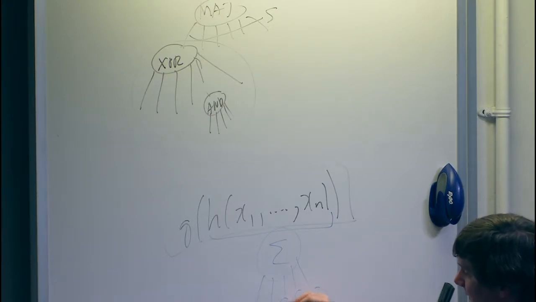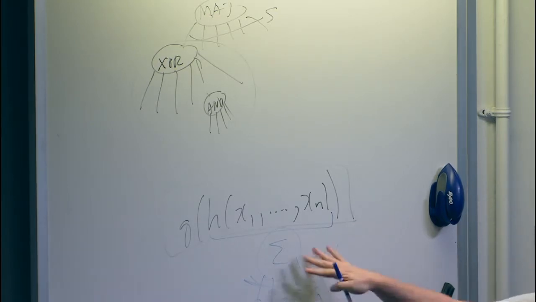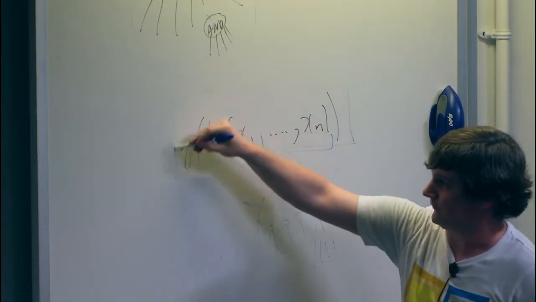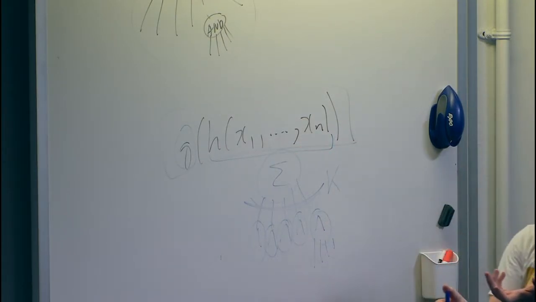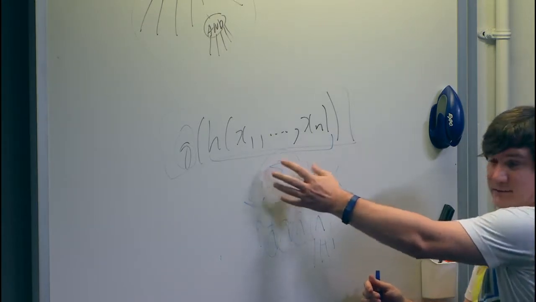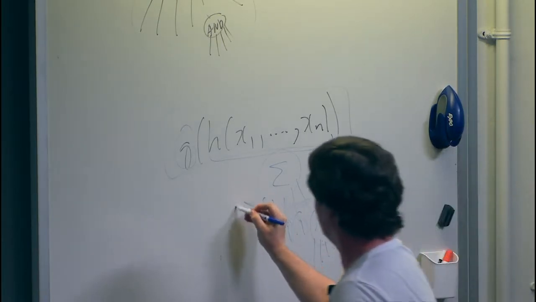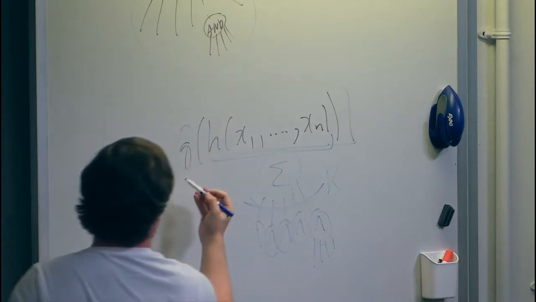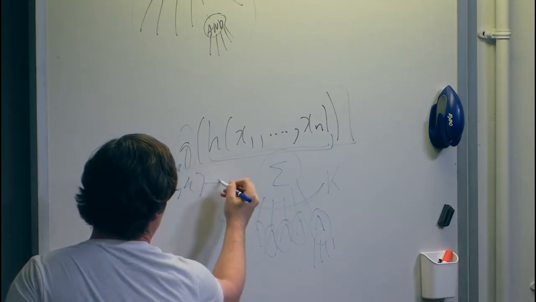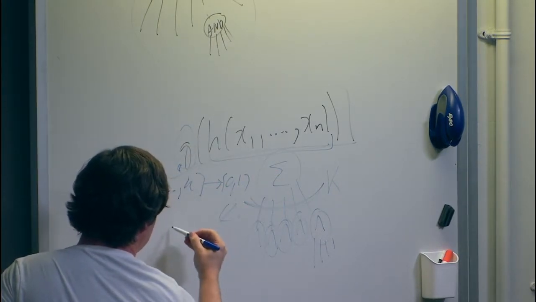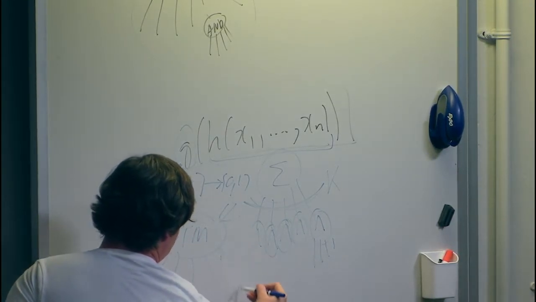And we said it had not too many monomials in it, so it had some number k monomials. Then we had some filter function g, which took the sum and then gave us a 0 or 1 value. Well, all that's really doing is just computing a symmetric function of these ANDs. So this is h, and this is something that maps {0,1}^k to {0,1}. So you can write this whole thing as some symmetric function. So I write that as SYM of AND gates.